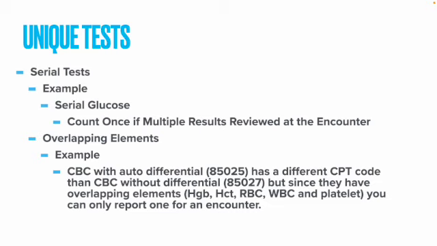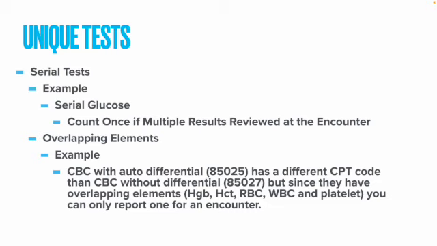Not the test, the actual labs can be reported, but you cannot give him credit for ordering 2 labs, because even though he ordered 2 labs, clearly he put in 2 orders, 2 labs were drawn, 2 labs were resulted, he can only get credit for ordering the 1 lab.